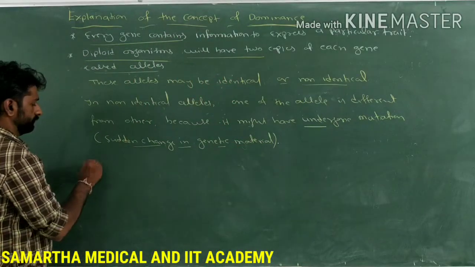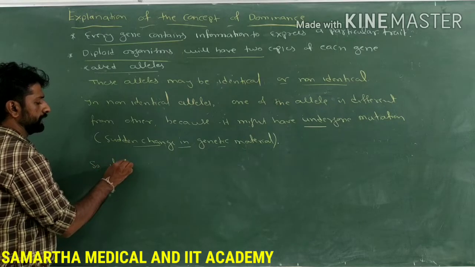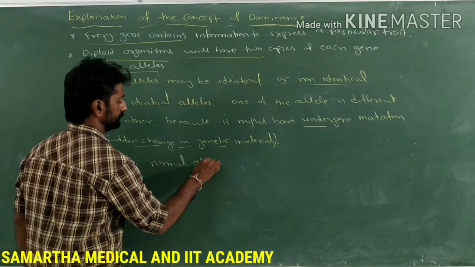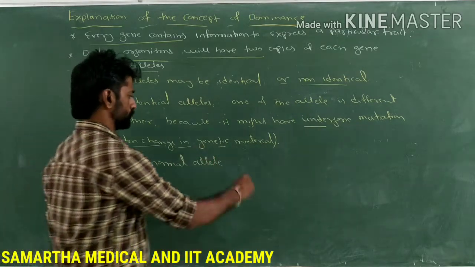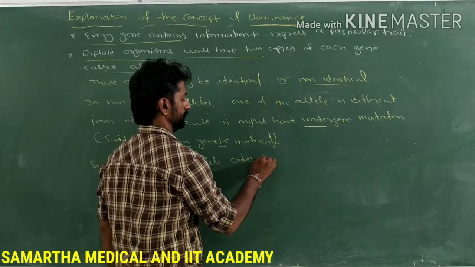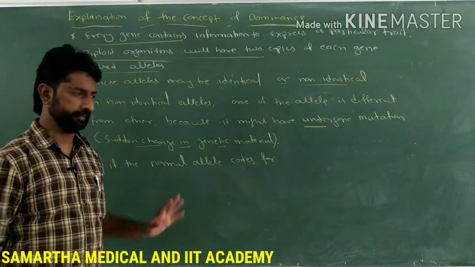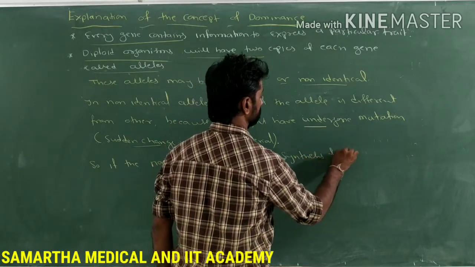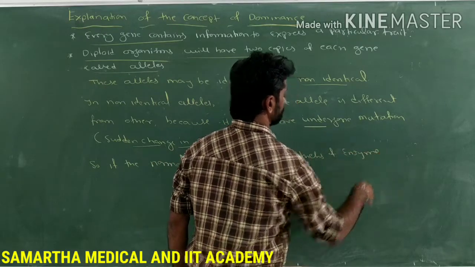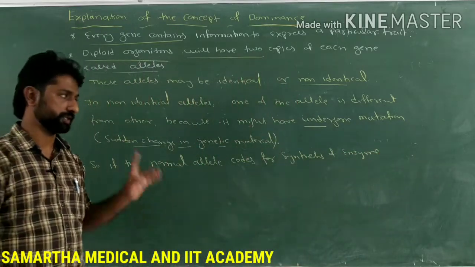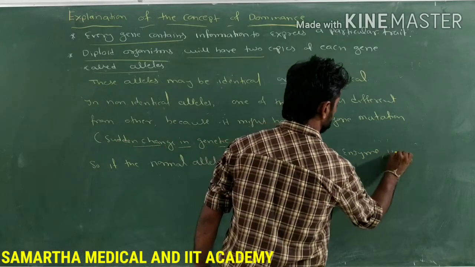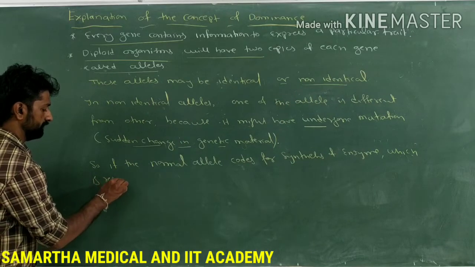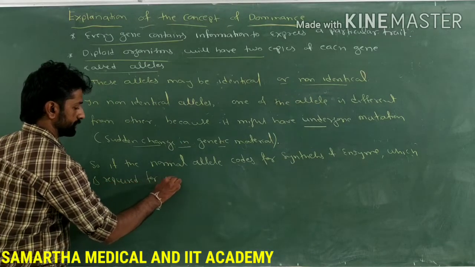Suppose the normal allele codes for the synthesis of an enzyme which is required for the conversion of substrate.